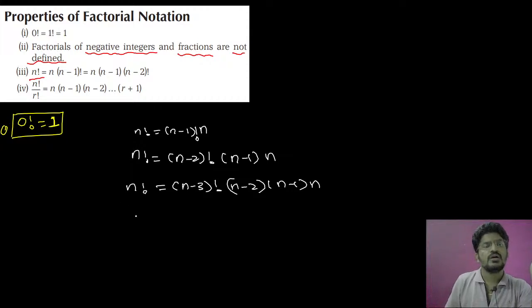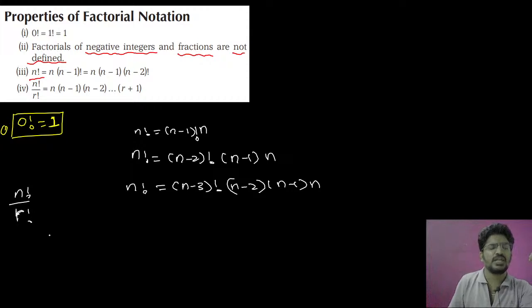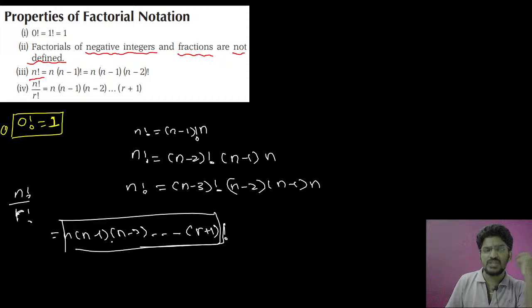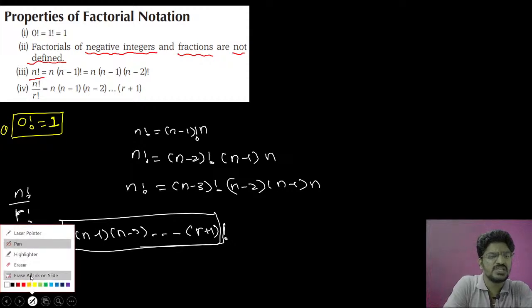In the same way, n factorial divided by r factorial can be written as n into n minus 1 into n minus 2 and so on to r plus 1 factorial. Clear?